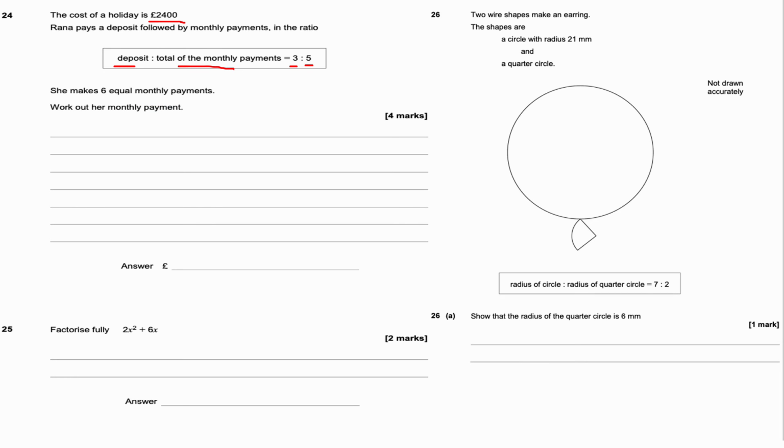Let's just use sharing in a given ratio to work out our answer. We're going to add together our ratio parts. 3 plus 5 is 8. 2,400 divided by 8 will tell us how much one part is worth. Divide that by 8, I'm going to get £300, which equals 1 part.